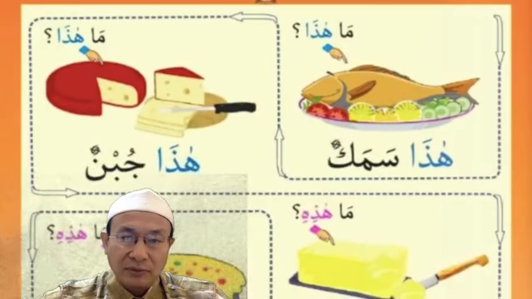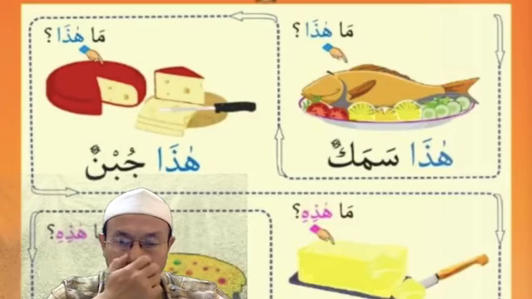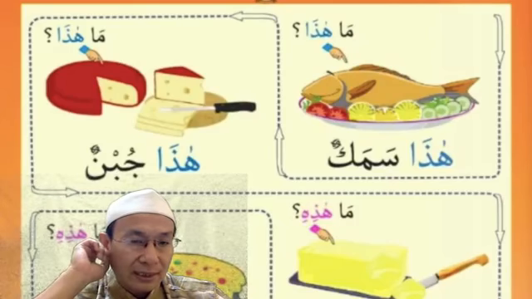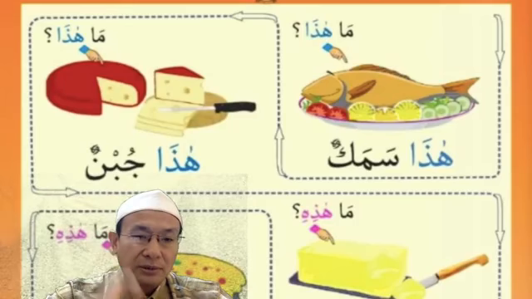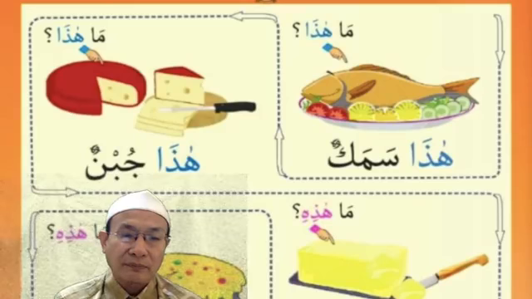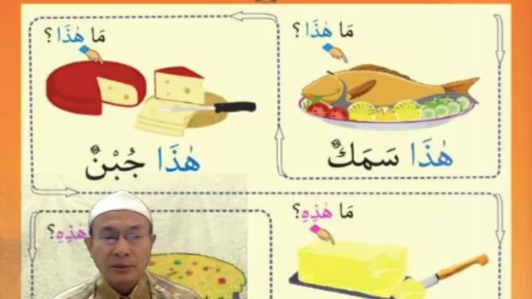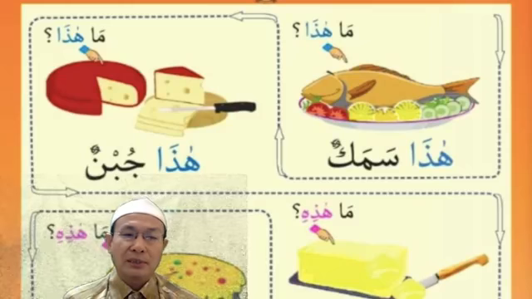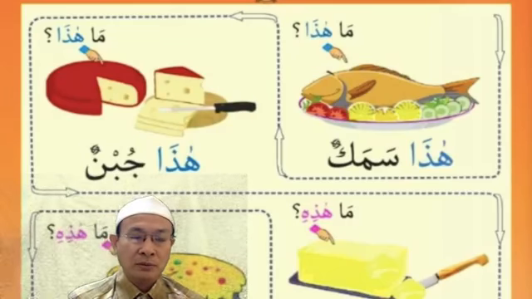And let's move on to the next one on your left side. What do you see? Yeah, you see cheese, right? Cheese is called in Arabic jubnun. Jubnun.